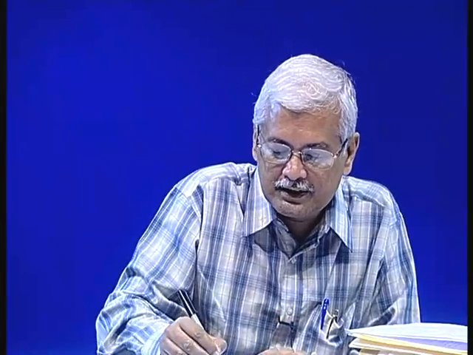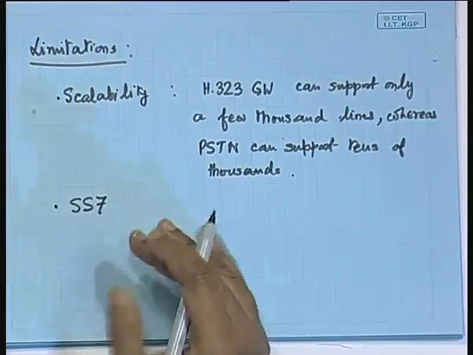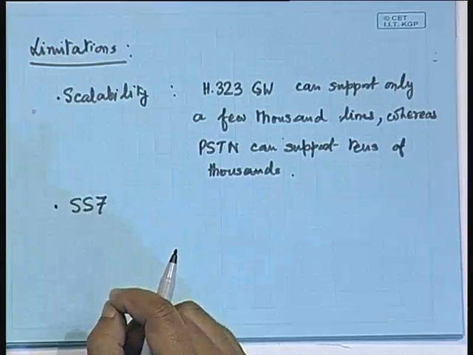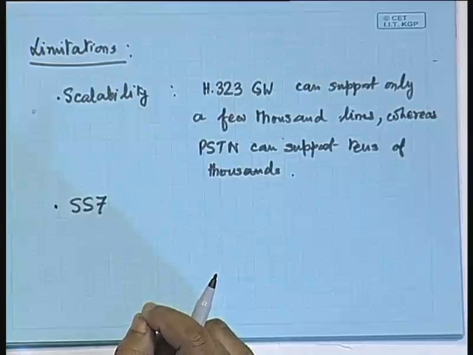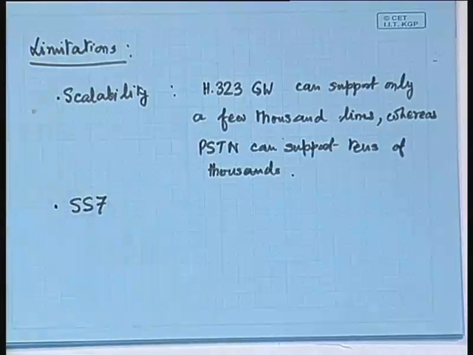But there is yet another protocol which exists in the PSTN, called SS7, signaling system 7. SS7 has certain capabilities which the PSTN can make use of, for example, the direct dialing facility.